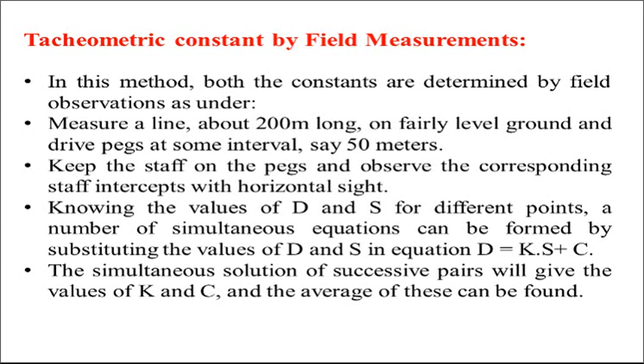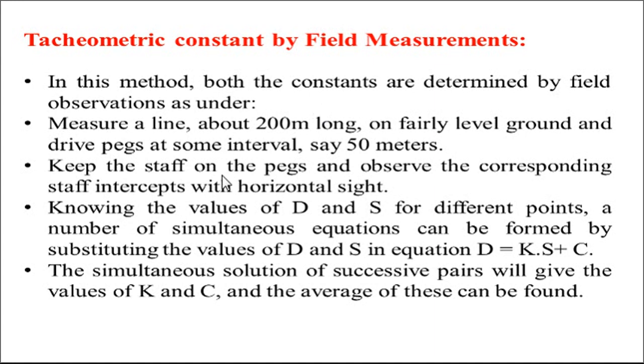So first we have to consider a 200 meter distance on a fairly level ground, and at an interval of about 50 meter we have to drive pegs, say first peg is at 50, then at 100, then at 150, and the last one at 200.